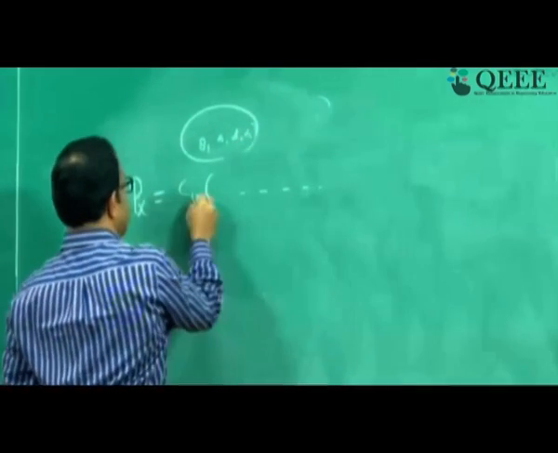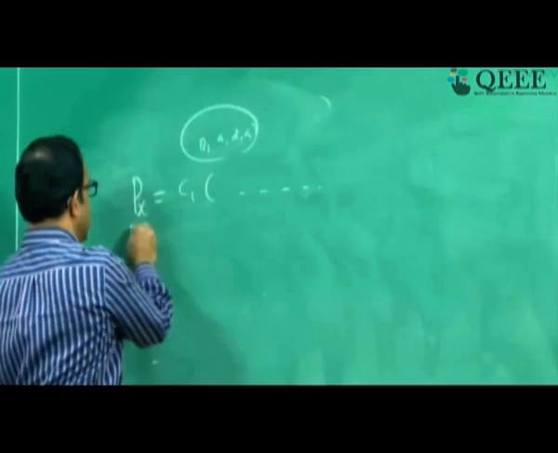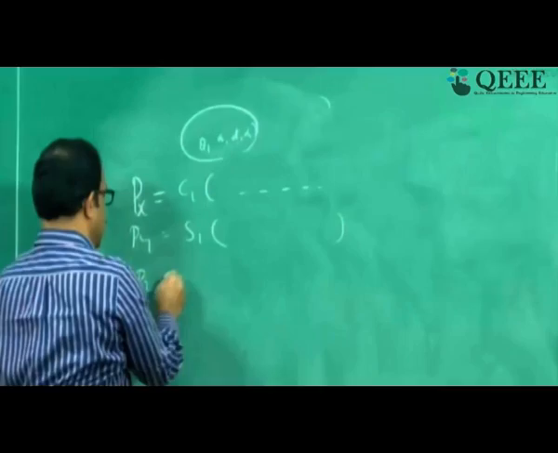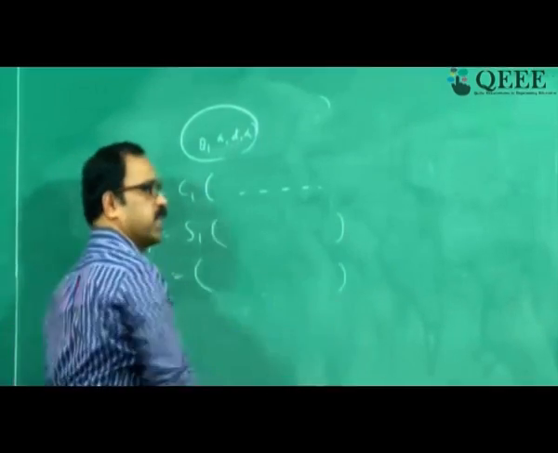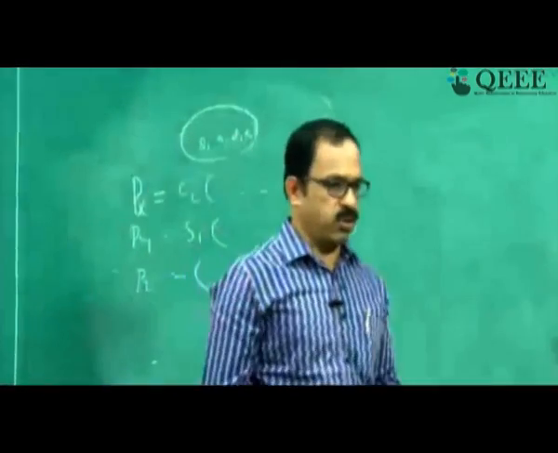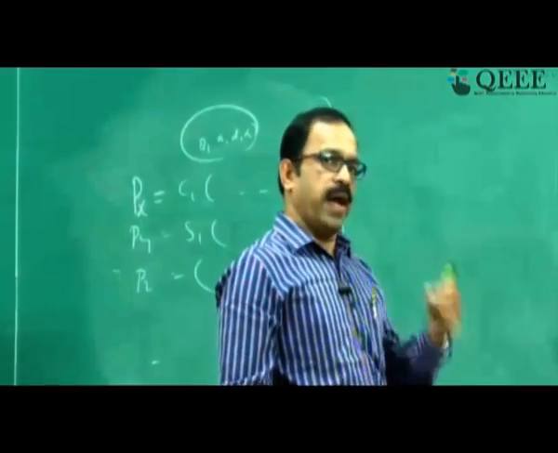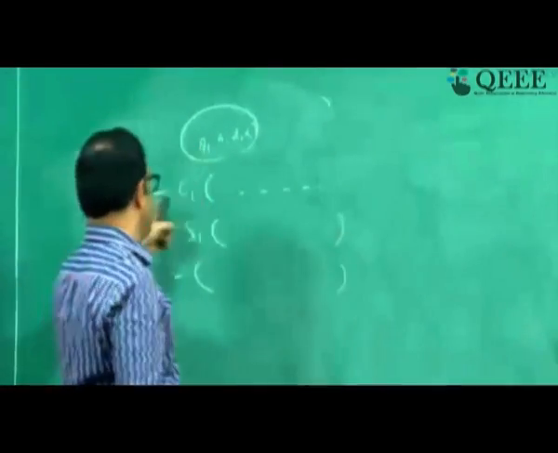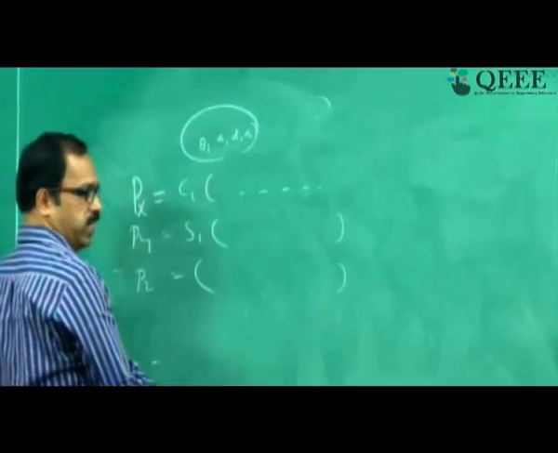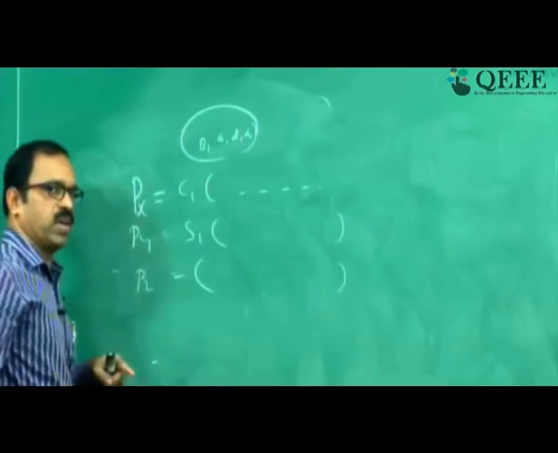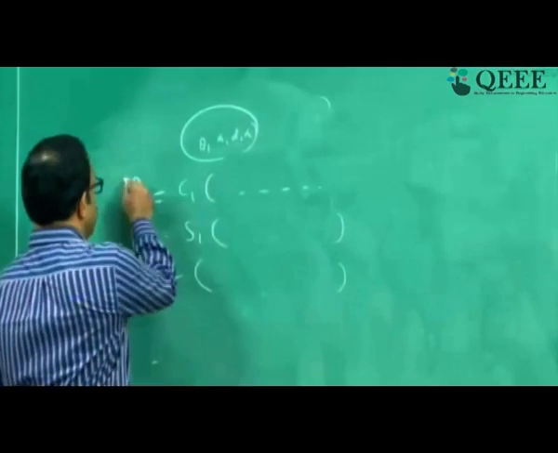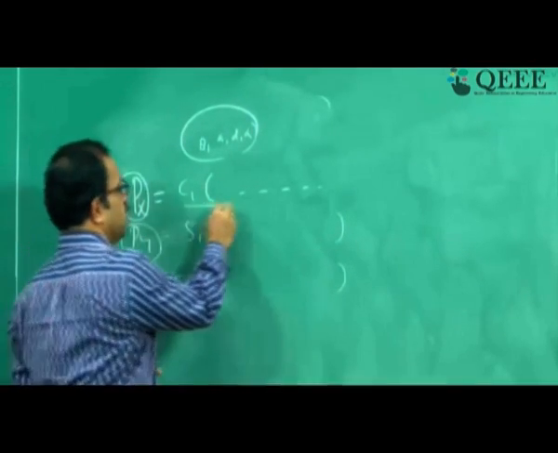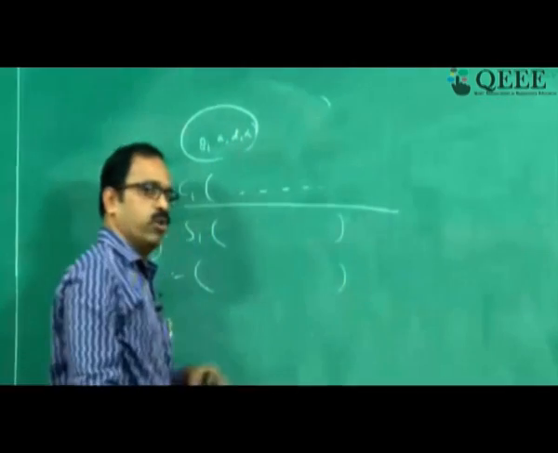Similarly, you get Py, S1 multiplied by something, and Pz also. So you are getting the position of the tool as a function of joint angles and the joint and link parameters, and that is known as the arm equation. The complete tool to base relationship is known as the arm equation, because it gives the position of the tool with respect to the base as a function of joint angles and joint variables.